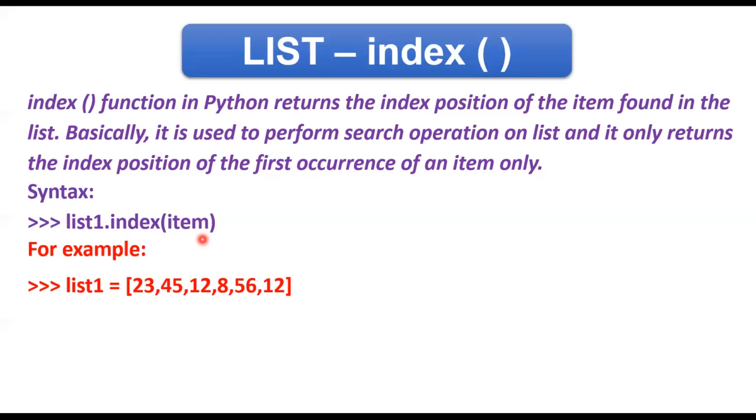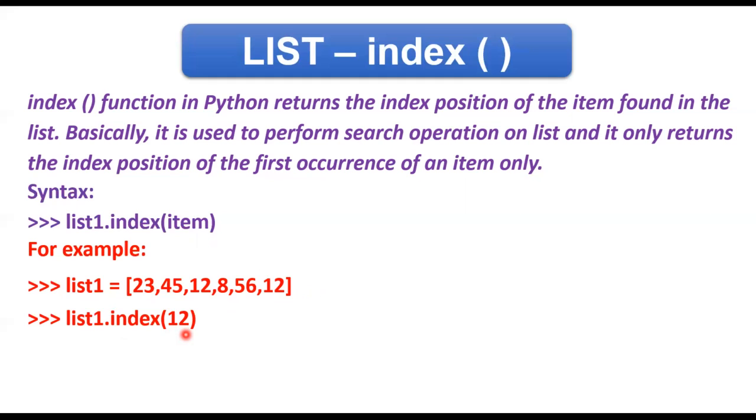For example, I have a list of these elements. Now, if you observe, the element 12 is present twice in my list. So the first 12 is stored at the second index location, and the last one, counting 0, 1, 2, 3, 4, 5, is at the fifth location, where the 12 element is also stored. Now I'm going to look for 12 in my list.